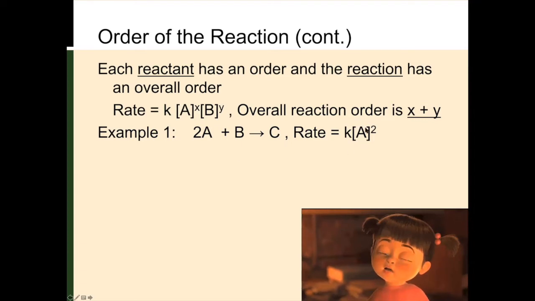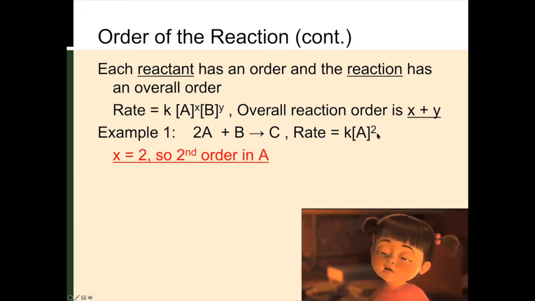Now, it's based on the rate law. It's not based so much on what's going on in the reaction. You answer this question from the rate law. So A has an exponent of 2. So we can say that this reaction is second order in A, or second order with respect to A. Now notice that the rate law has nothing about B in it.